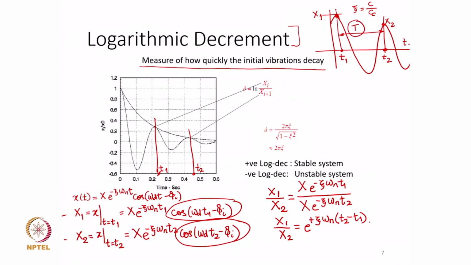So, the same expression I can write as e to the power zeta omega n and capital T. We know that this capital T is 2 pi over omega n square root of 1 minus zeta square. It is 2 pi by omega d. Omega d is the damped natural frequency, we know that it has an expression of omega n square root of 1 minus zeta square.